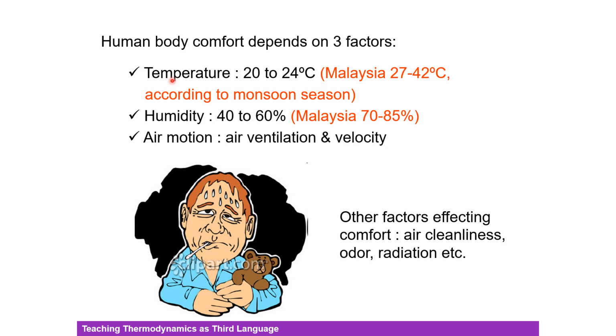Now if you have a hot environment like what we have in Malaysia, we are in a situation where we do not seem to be dissipating enough heat from our bodies, and we feel as if we are going to burst. So what we do is we dress very lightly so that it is easier for heat to get away from our bodies, and we reduce the level of activity to minimize the rate of waste heat generation in the body.